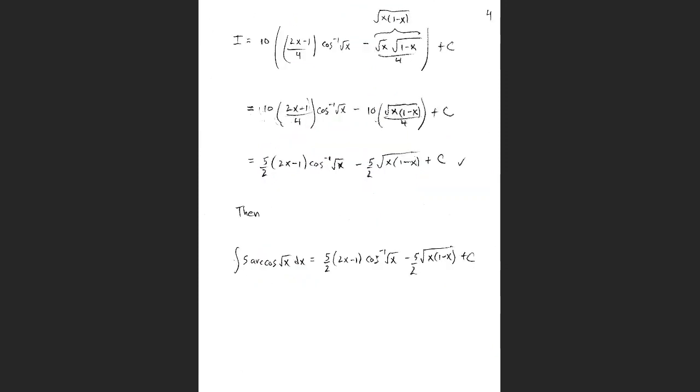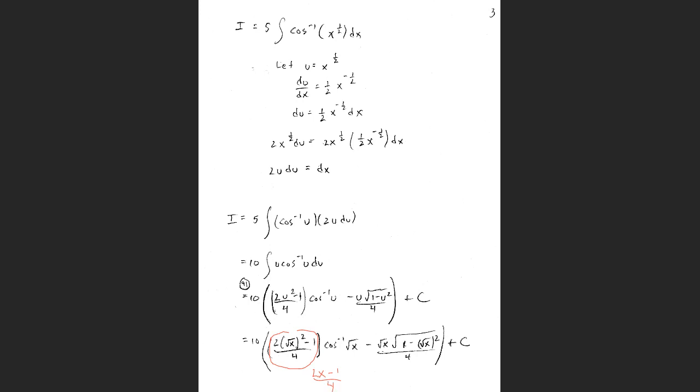So this is our antiderivative, and let me just see one thing here. I want to go back for a moment. Oh yeah. Right, this here becomes 2x minus 1 over 4, right? That's going to be 2x minus 1 divided by 4.